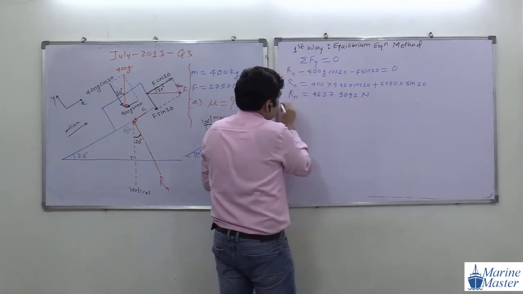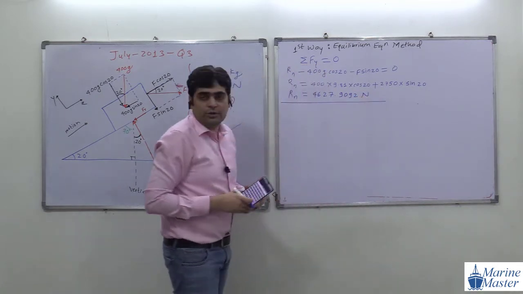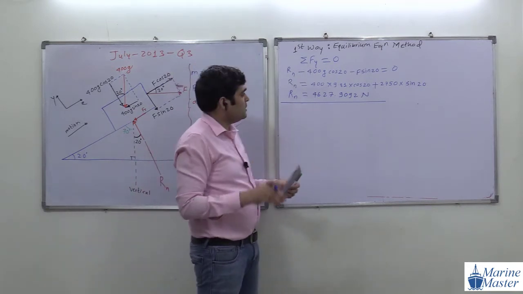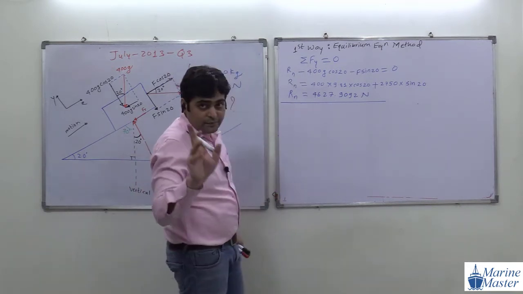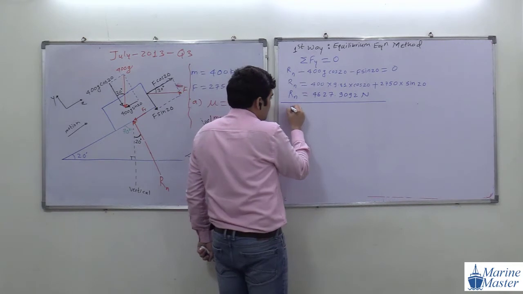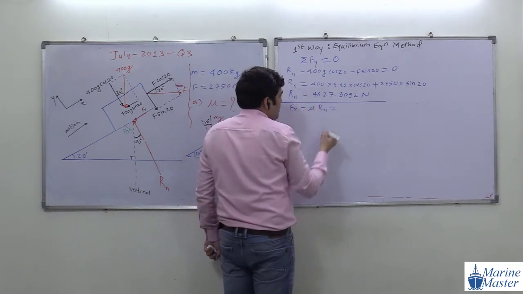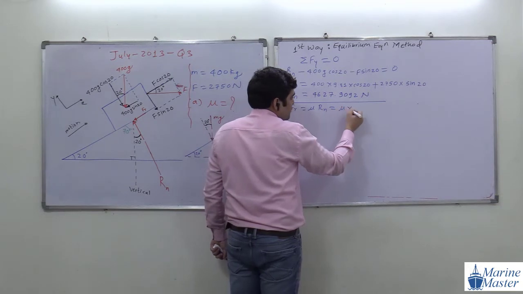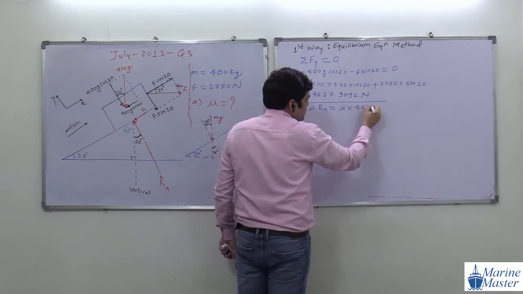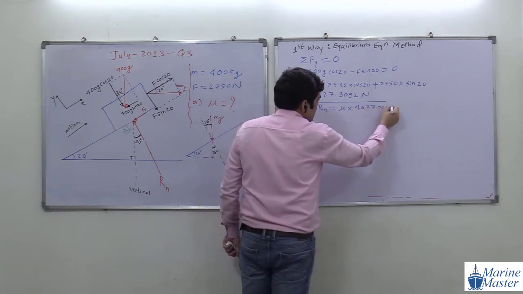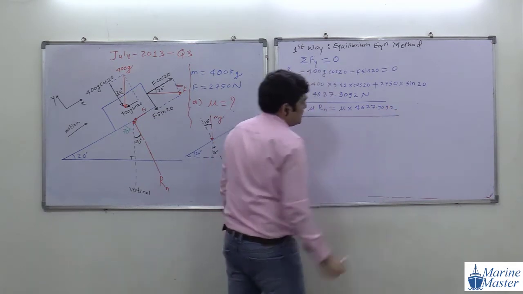So we got Rn in Newton. Now what will be the Fr, guys? Fr means what? Mu into Rn. We don't know mu, so mu into 4627.9092. Okay, so we got Fr.